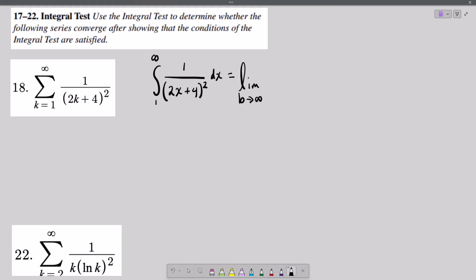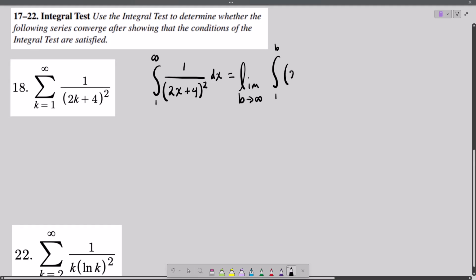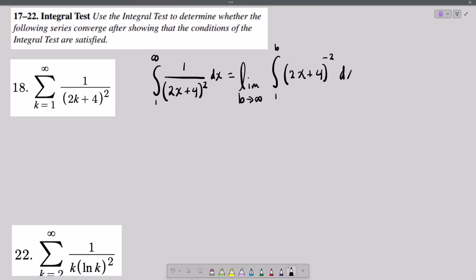The way you evaluate an improper integral is to take the limit of a definite integral. So we're going to create the definite integral from 1 to b. And we're going to write this as (2x plus 4) to the negative 2 dx.